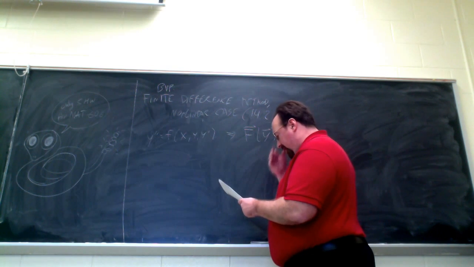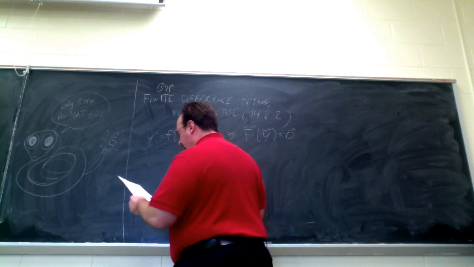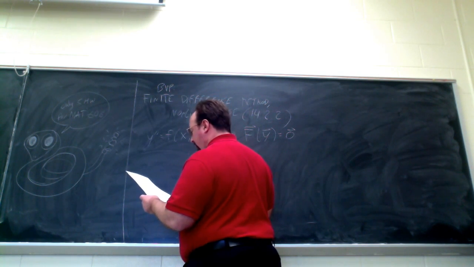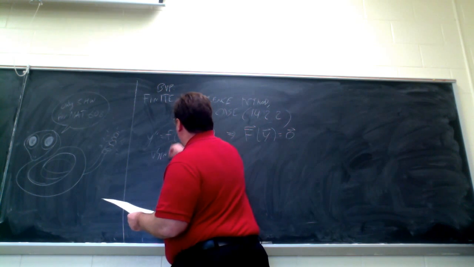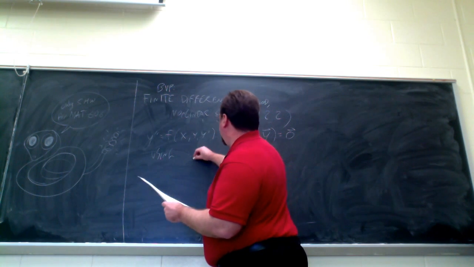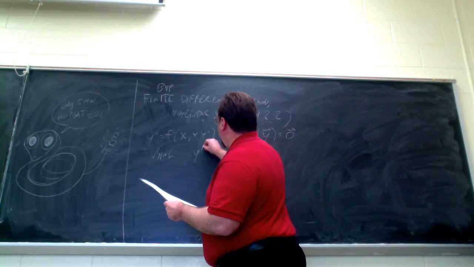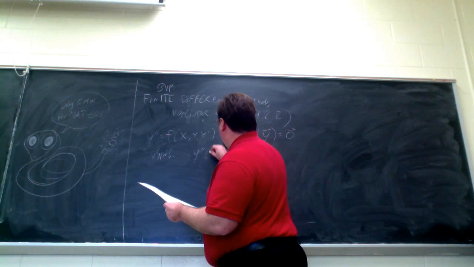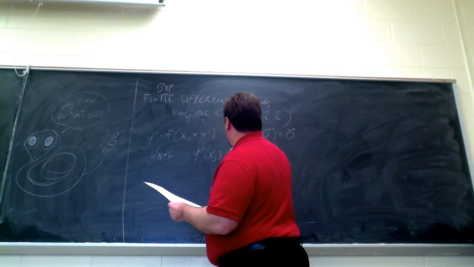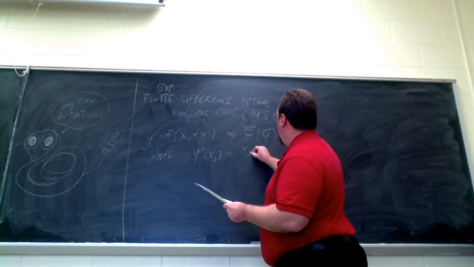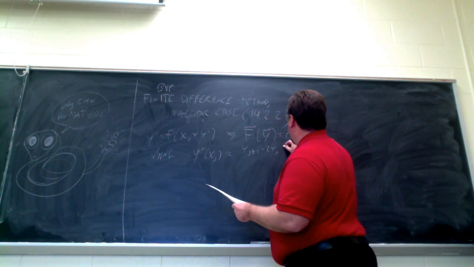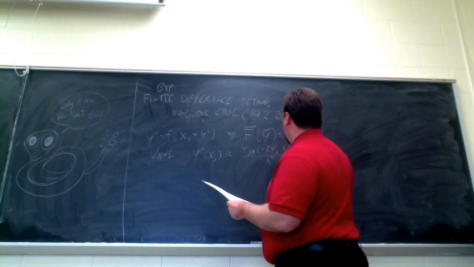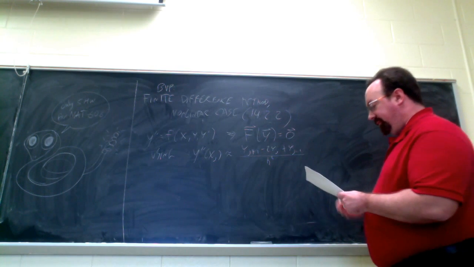Okay. So, all right. So now I'm going to write out, well, first, I'll do that on the next board, but using these approximations. Y double prime of xj is approximately yj plus 1 minus 2yj plus yj minus 1 over h squared, where h is your spacing in delta x.